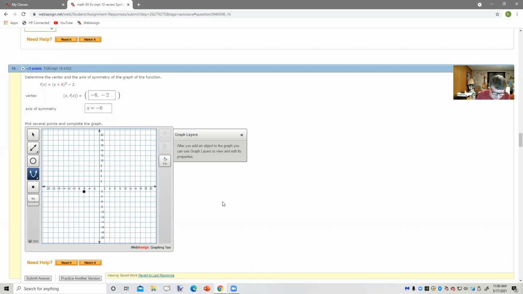Okay, so how am I going to do that? We have f of x equals the quantity x plus 6 squared minus 2, and we have the vertex at -6, -2.